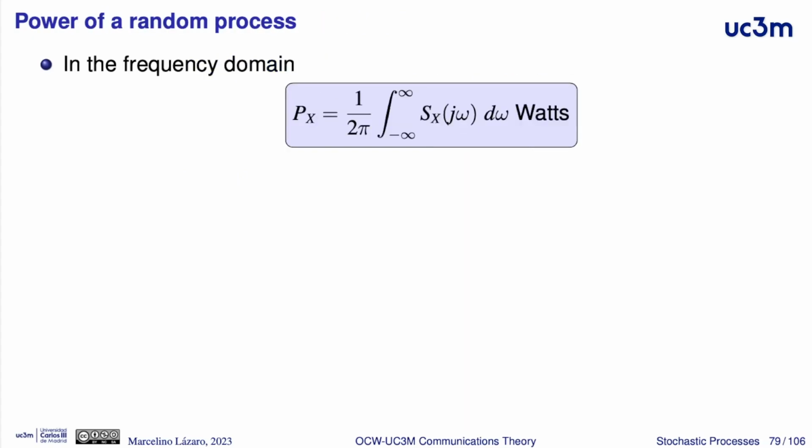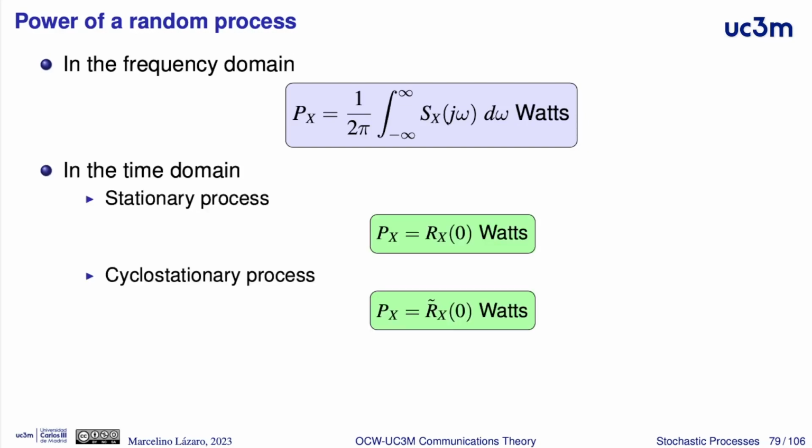The power spectral density is providing information about how the power is distributed in the different frequencies, and it is related with the power of a random process. The power of any random process can be obtained by integrating the power spectral density. Taking into account the properties of the Fourier transform, to integrate in one domain is equivalent to evaluate at zero in the other domain.